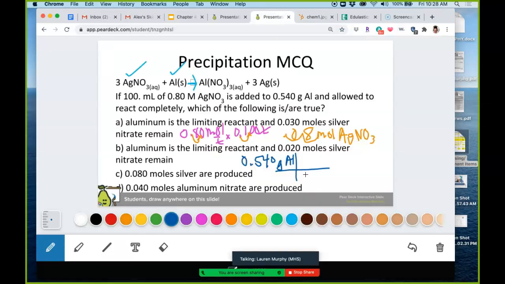No calculator, so 27 grams per 1 mole. Now, again, I can easily divide 54 by 27. It's 2. 54 divided by 27 is 2, but I got to technically go backwards 2 spots. So it's 0.02 moles of aluminum.